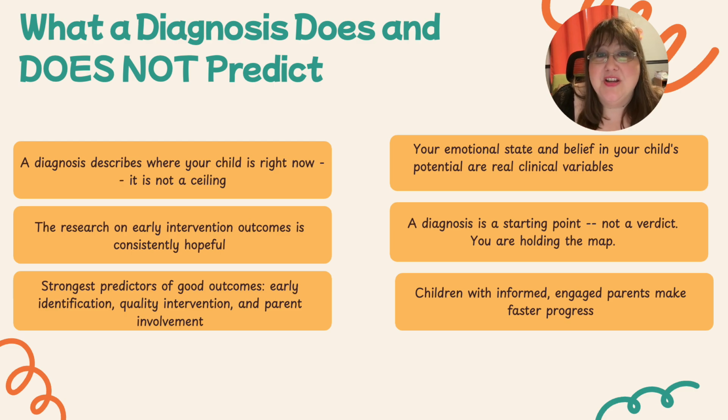Early identification, intensity and quality of intervention, and parent involvement. Children whose parents are informed and engaged, like you right now, progress faster, not because the parents are doing therapy, but because they are extending the learning into the child's real life, which is where language actually lives.